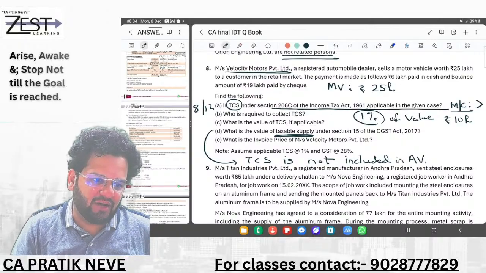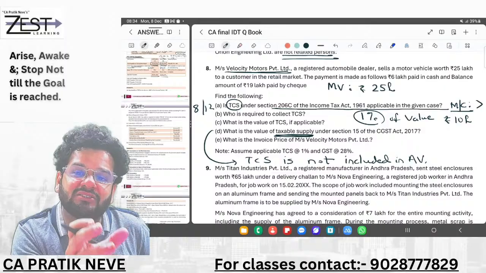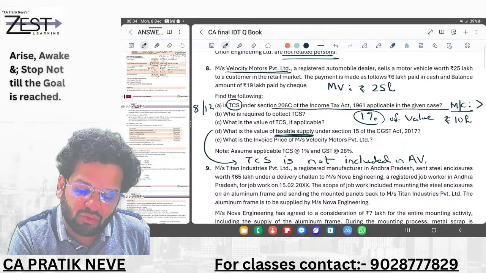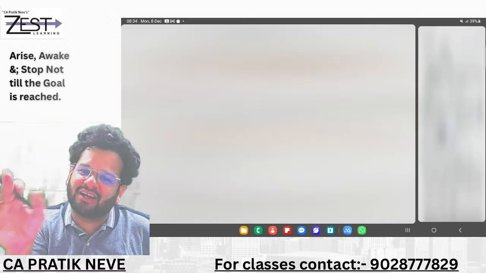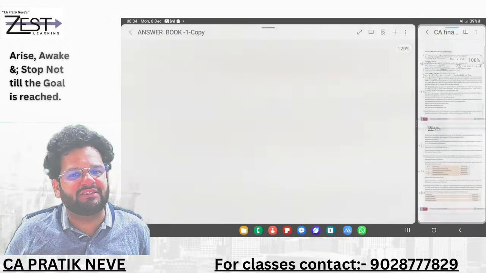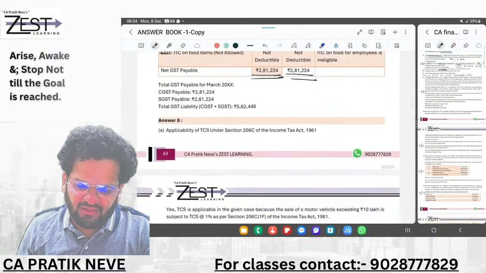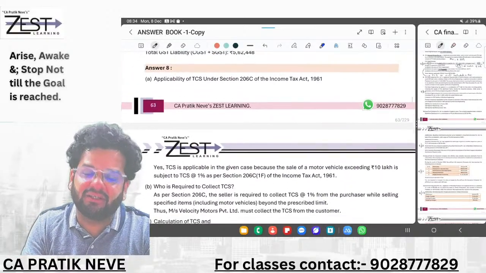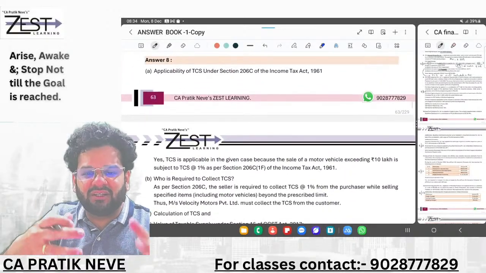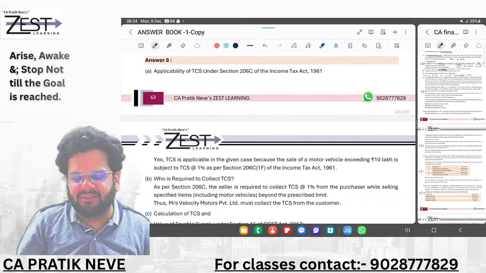So TCS is not original tax, it is just a mode of collecting income tax. So basically via TCS, government collects information from the suppliers of these motor cars, that is who are those people who could afford to take car in excess of rupees 10 lakh during the PY. So see, it's not a fresh tax, it is intermittent tax. So intermittent means just collected, just a mode of collecting income tax.